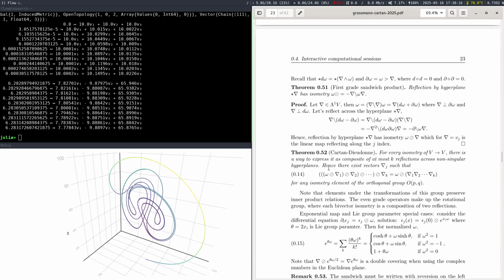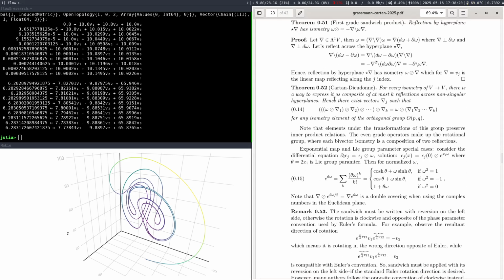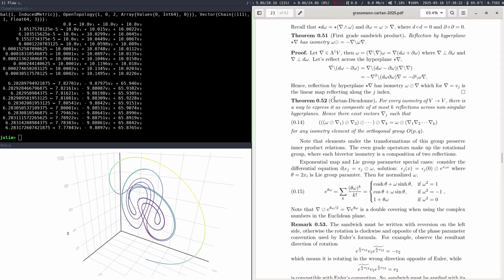All right, so let's get moving. So let's recall, this is just some more text information from previous things I've written before. We'll just recall that there's the first grade sandwich product, reflection by the hyperplane. I talked about this proof.